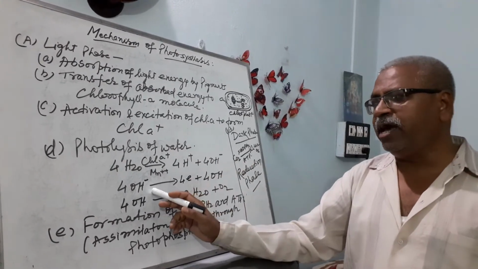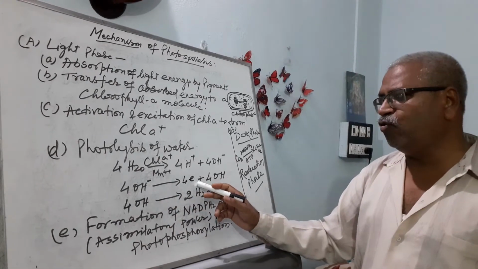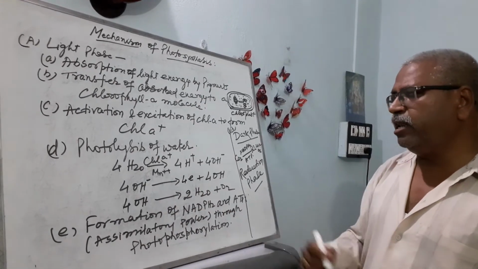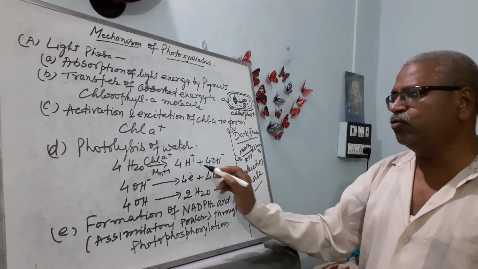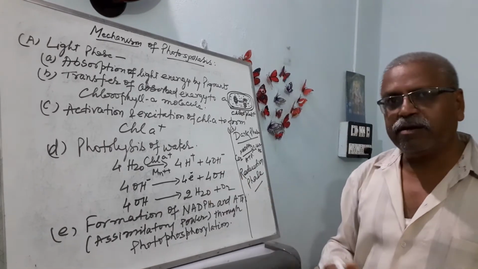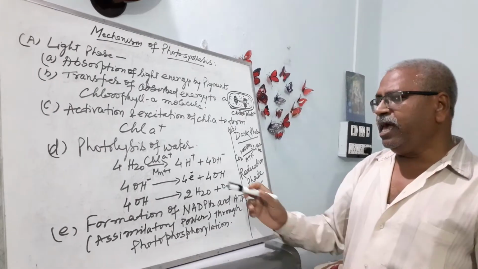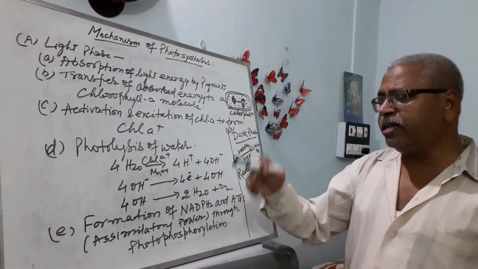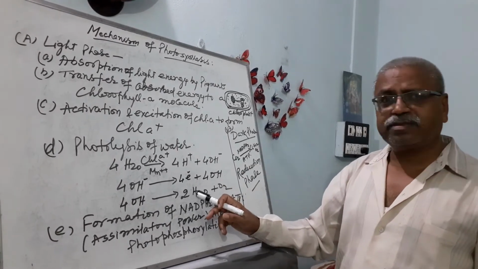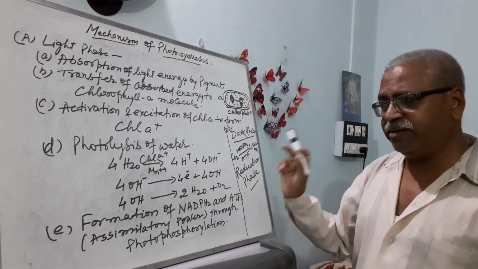Hydroxyl ions release an electron, and these electrons are transferred through different acceptors, and hydroxyl ions again combine to form water which releases oxygen.